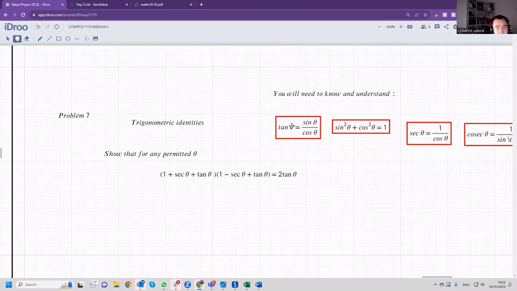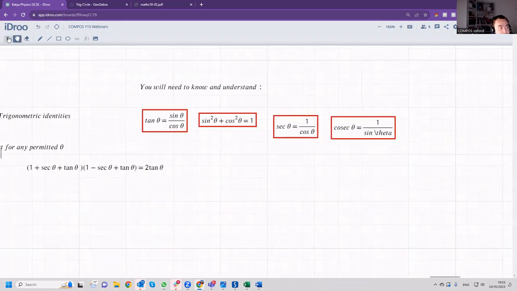Yes, they are all written in the assignment. And the last one is cotan.